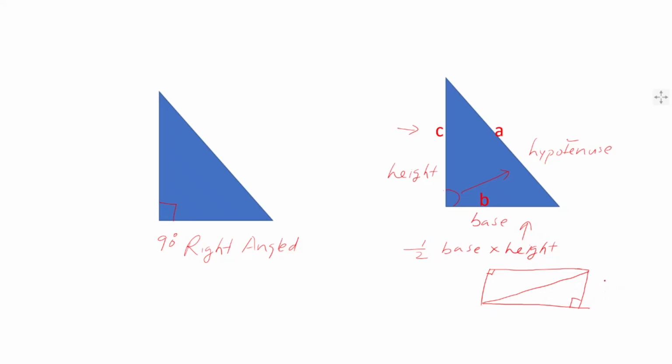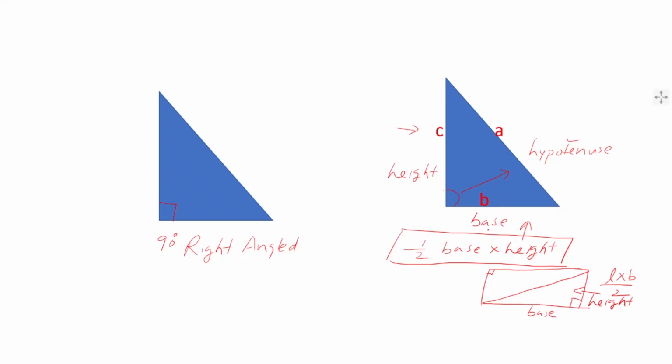The area of a rectangle is length into breadth, and half of it is the area of one triangle. This one named as base, this one as height, and we developed this formula in class 6.